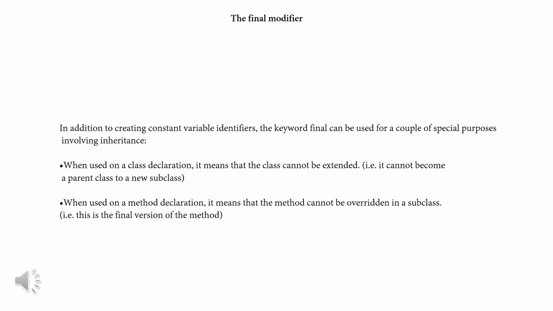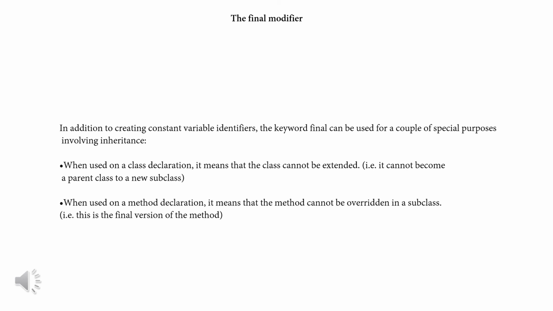So if you use this modifier in the declaration of a class, it means that class cannot be extended. What it means by it cannot be extended is that it cannot be the parent of any class, right? So you cannot use that class with the modifier final, for example, for inheritance at all. So that's about using this modifier in the declaration of a class.